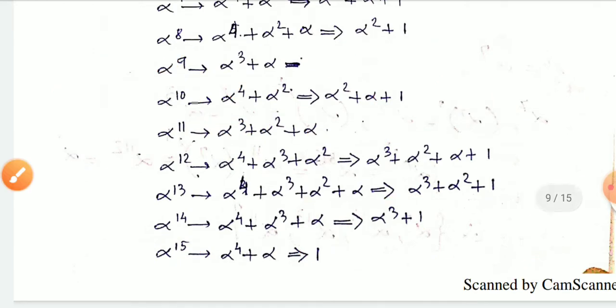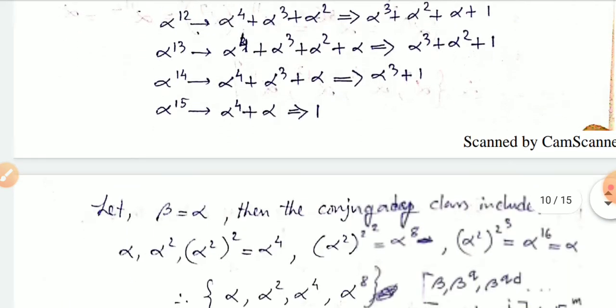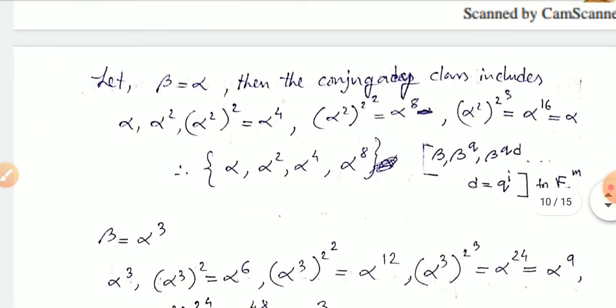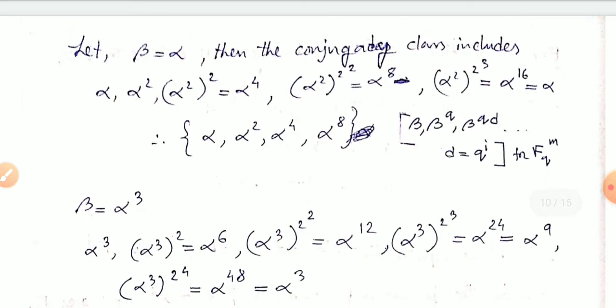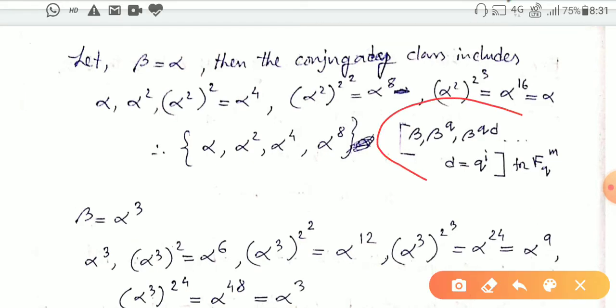Okay, so these are the primitive elements for the condition of the BCH code in this case. Now we are interested in considering the conjugacy class. Initially we consider beta is equal to alpha. Then you write down the formation this way: initially you write down beta, then beta to the power of q.